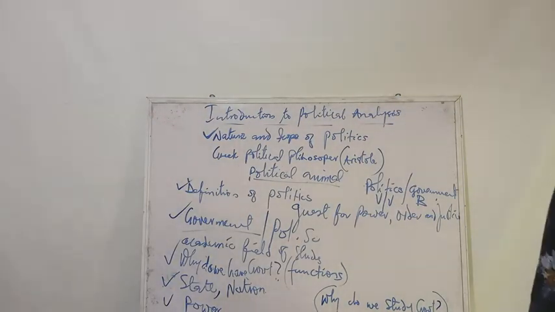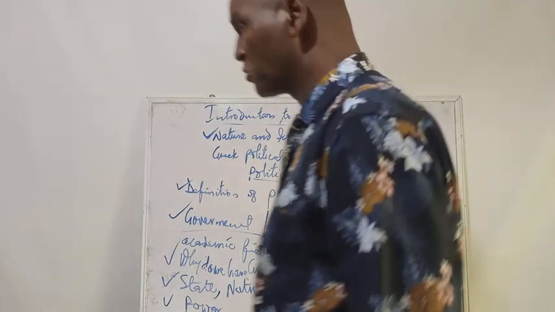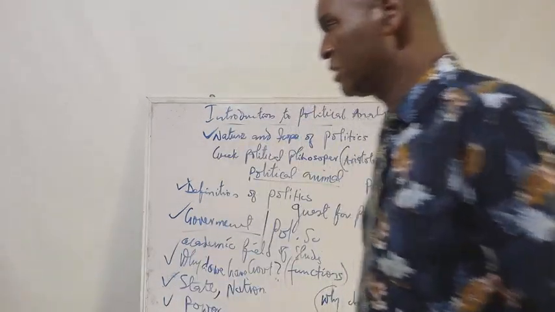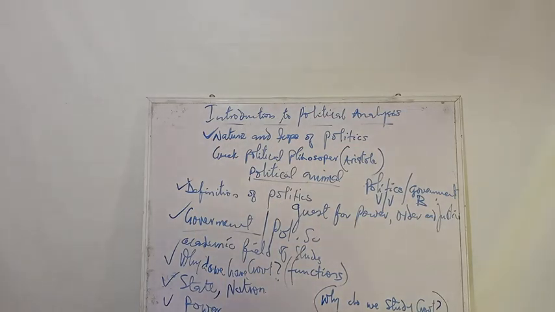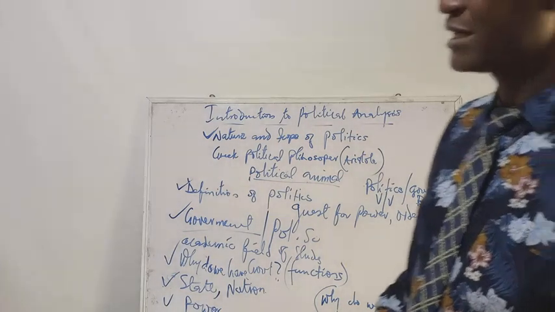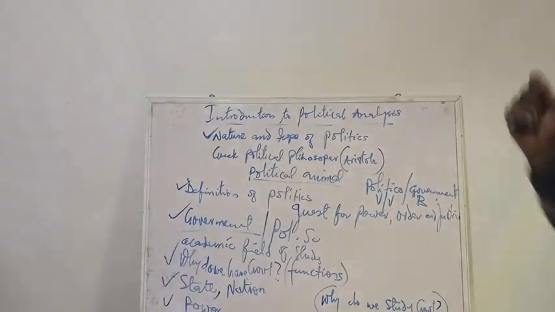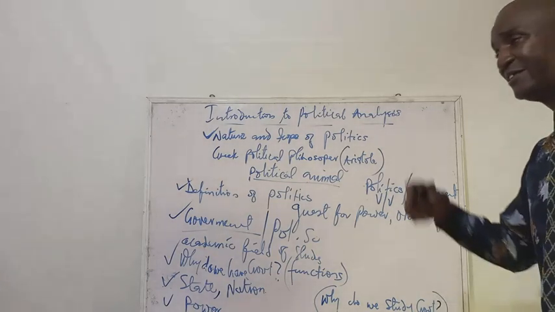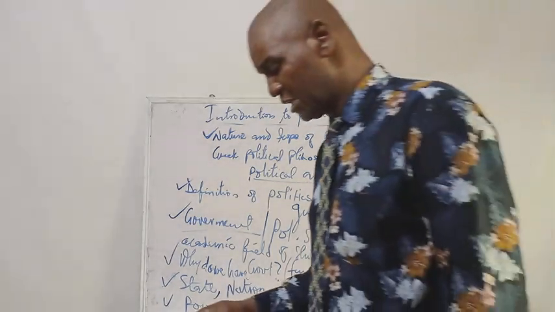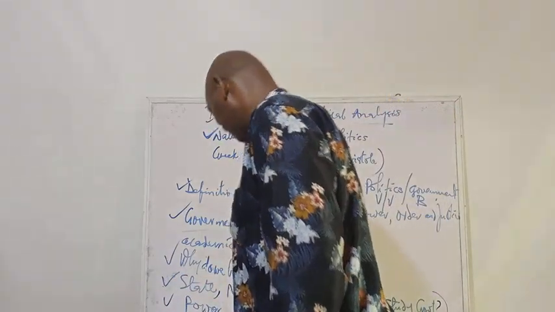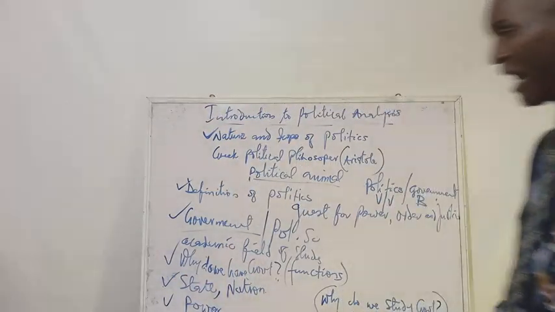If somebody is trying to fight you, there are rules and regulations guiding fighting. If you want to go to court, there are rules and regulations for the litigation process. If you want to win a case, there are rules and regulations for winning a case. So whatever we do, since there is government, there are rules and regulations.